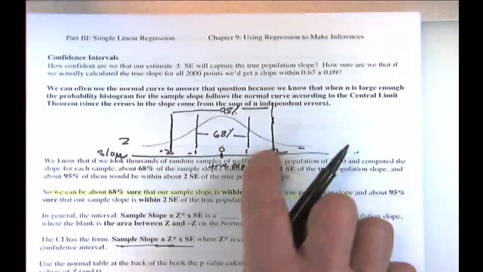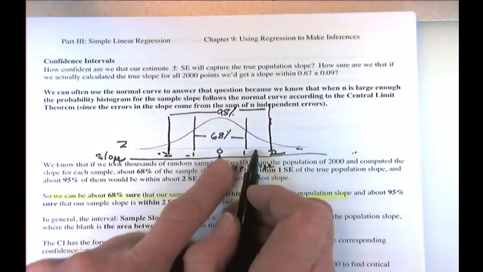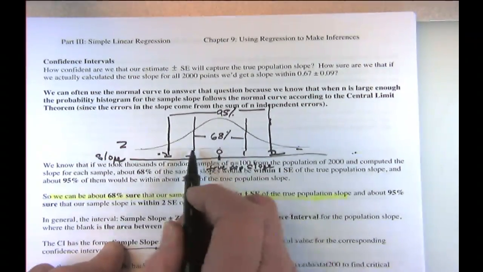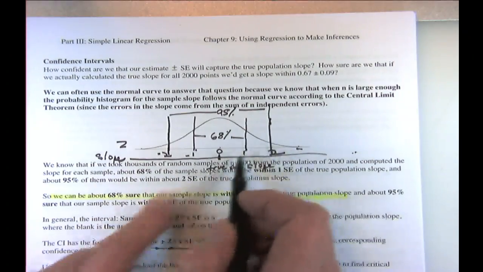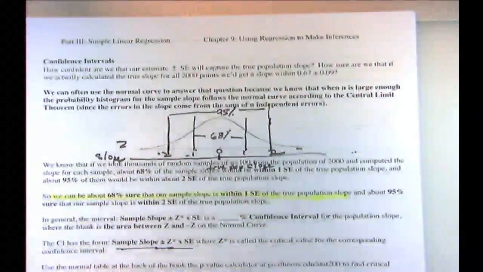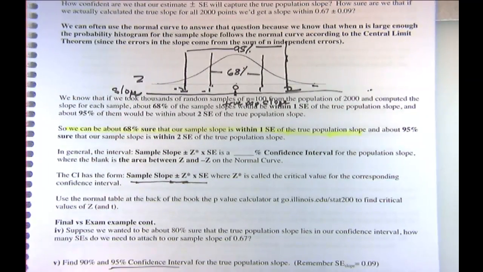That's if 0.67 was right here. Now, if it's anywhere closer, let's say it's here, go 2 standard errors here, and then you go up to -1 to 3. You easily capture the true population percentage. So that's the idea of this, and that's how it works.